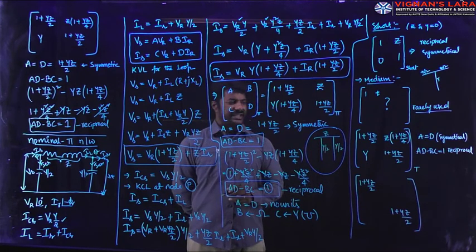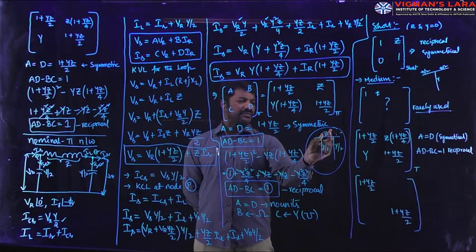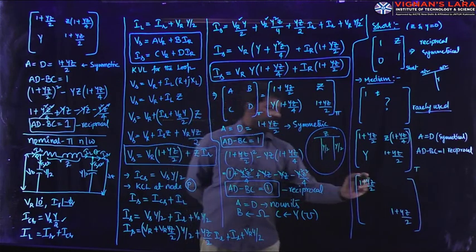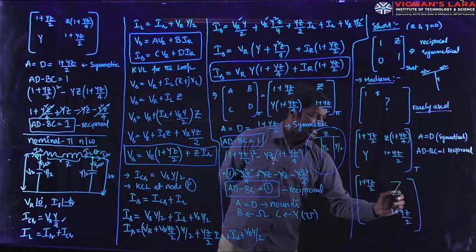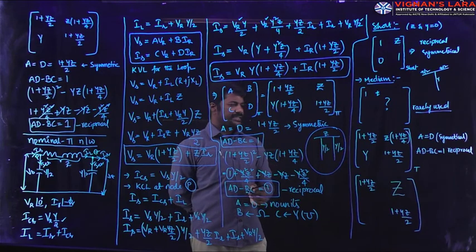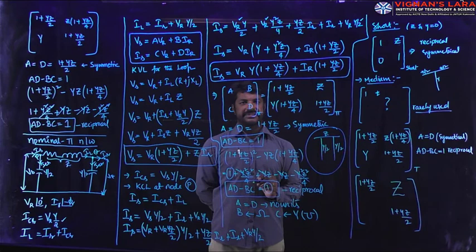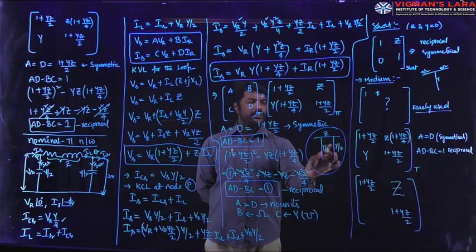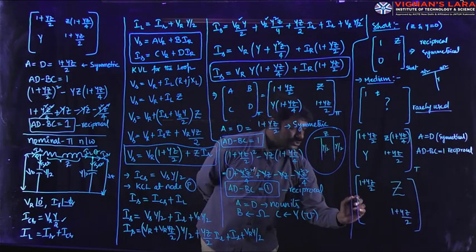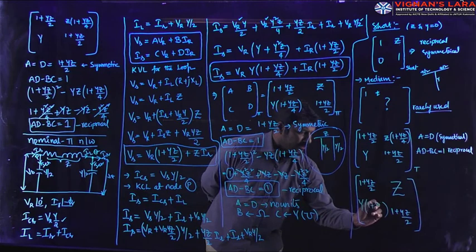Since Z is constant without any division, I can get that constant part Z directly for the constant B. Whereas for constant C, whose unit should be mho, represented with admittance, and that admittance was divided into two parts, I should get Y followed by a fraction. As I told you previously, that fraction is 1 plus YZ by 4.